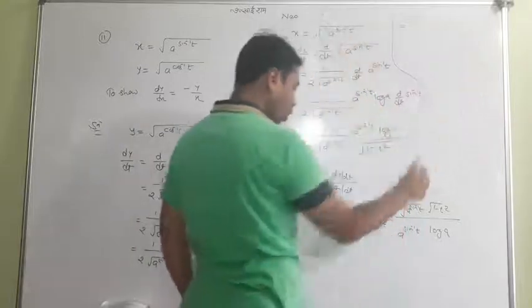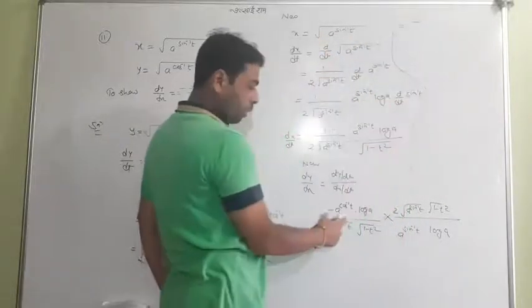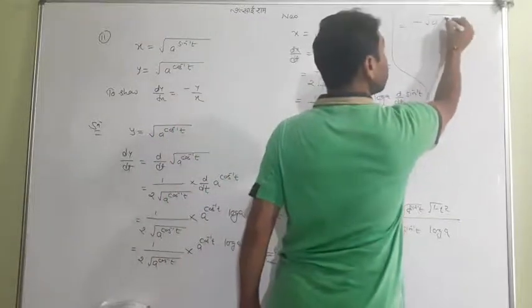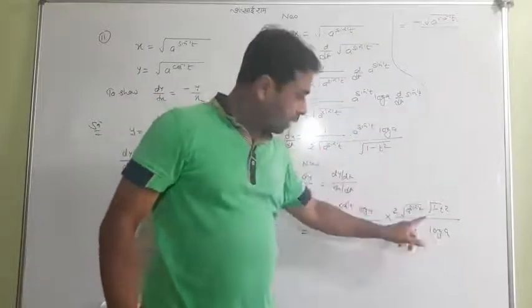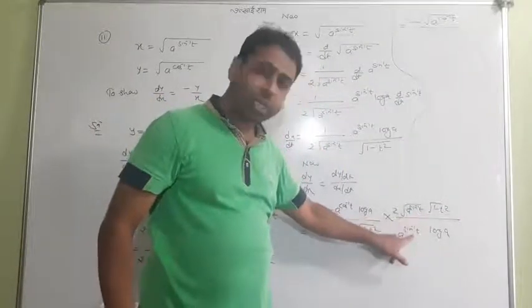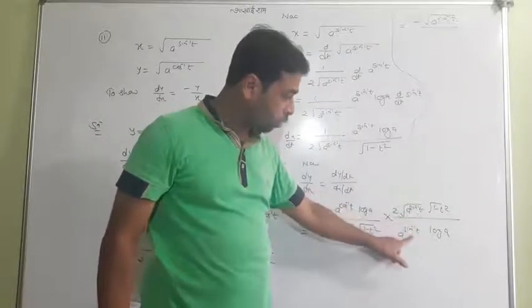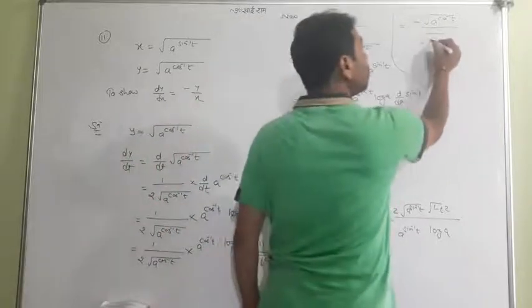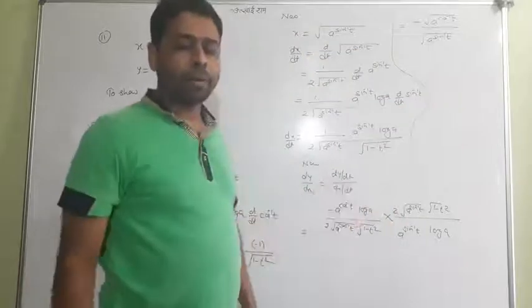So hope you have got that these two will be minus of, over root a to the power cos inverse t, and all terms are going to cancel, these two remaining only, and these two will be treated the same as I did here. a to the power sine inverse t and a to the power sine inverse t, again the same under root remaining here, a to the power sine inverse t, and all terms will be cancelling.